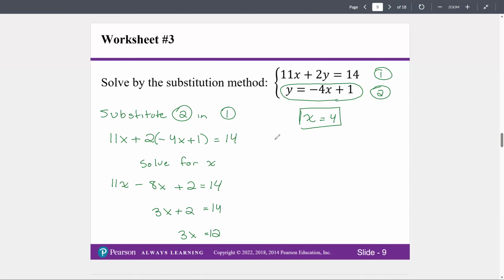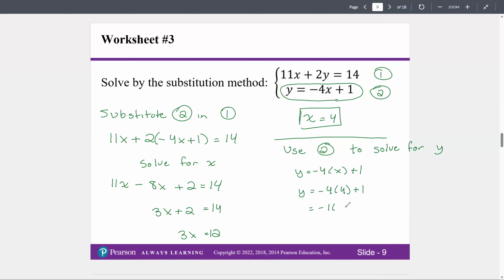All right. So at that point, we are going to use line 2 to solve for our y now. So y is going to be negative 4x plus 1, or negative 4 times 4 plus 1. So negative 16 plus 1 equals negative 15.